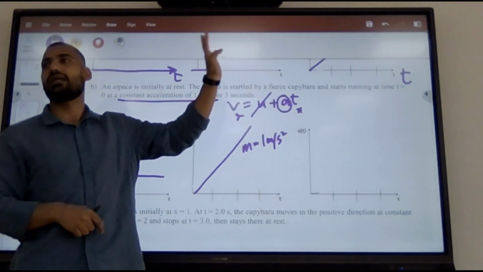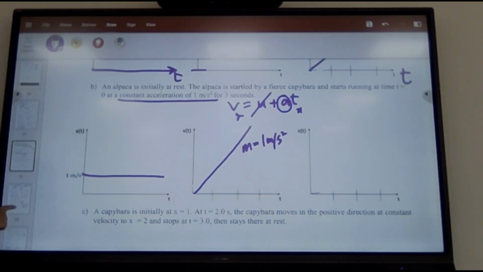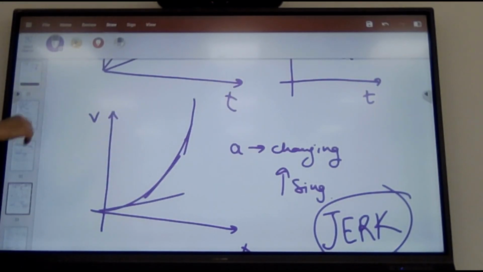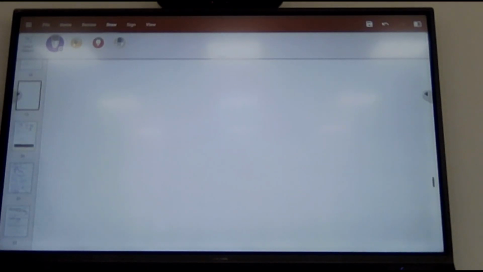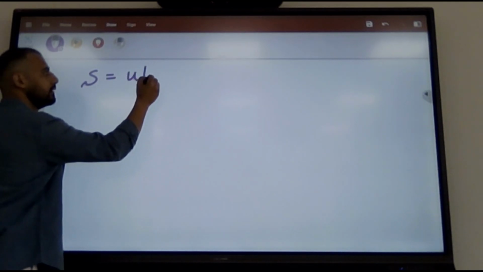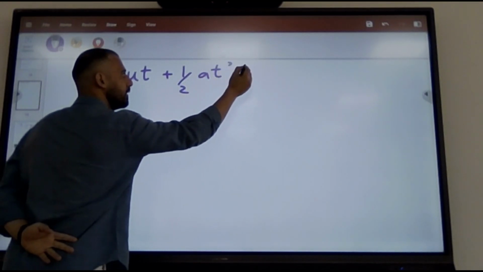So the only possible graph that we have is something like this, isn't it? But how do you confirm it? Let me come to the equation. Do you know we have an equation that distance is equal to ut plus half of acceleration times t square?